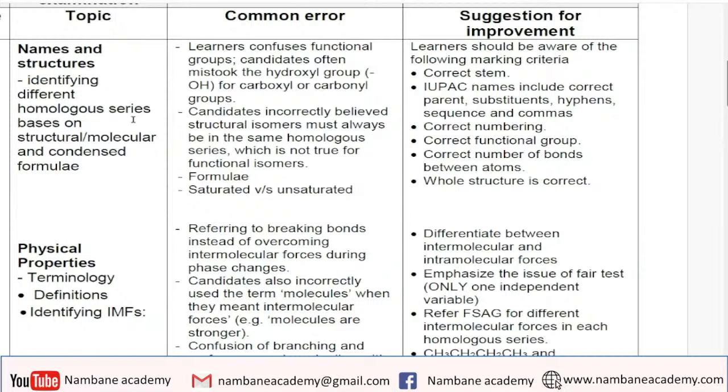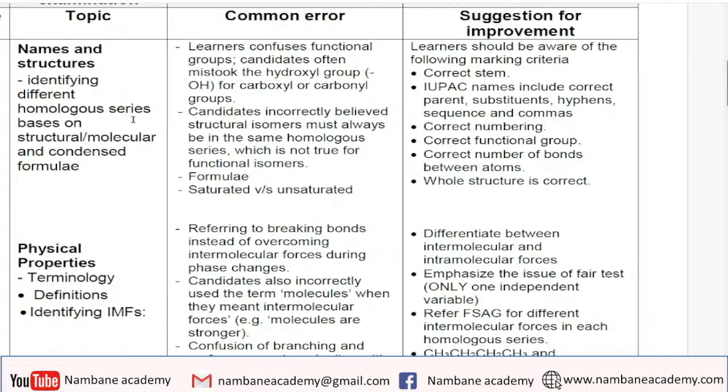And also when it comes to naming, especially the haloalkanes and the alkanes, after identifying the longest continuous chain and the substituents, please add the positions of all the substituents, including your halogens.